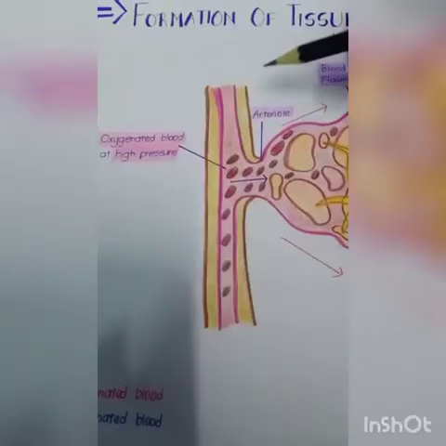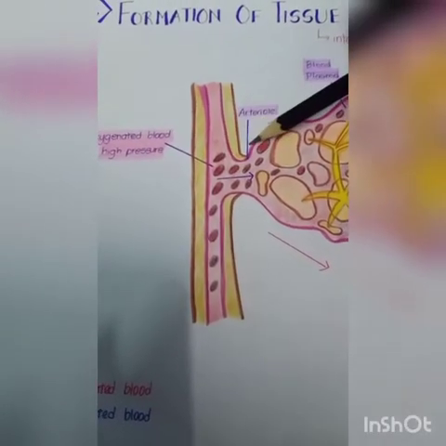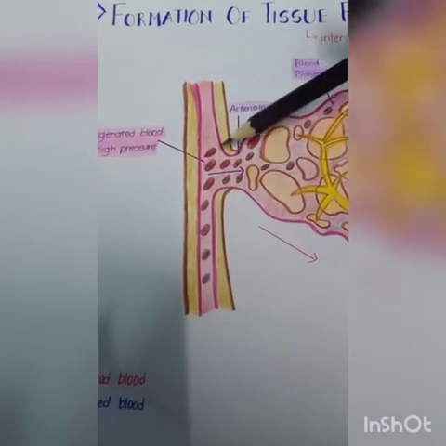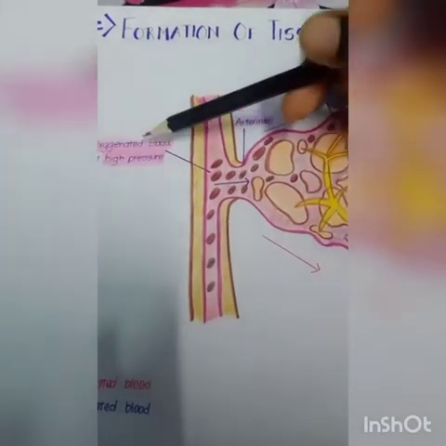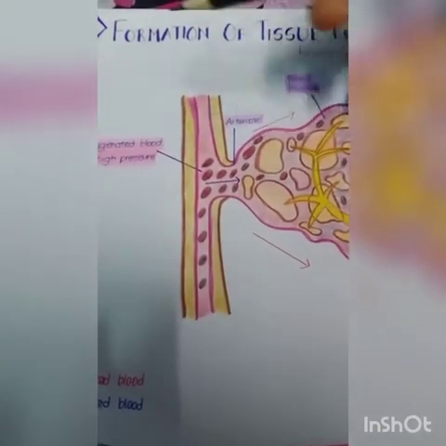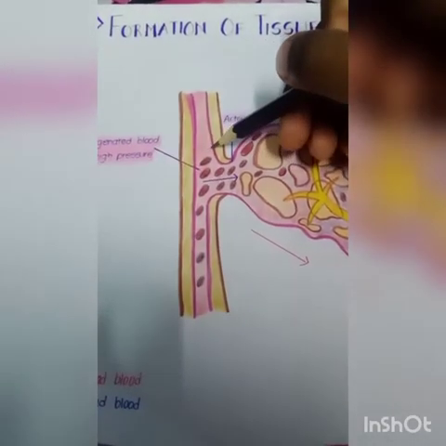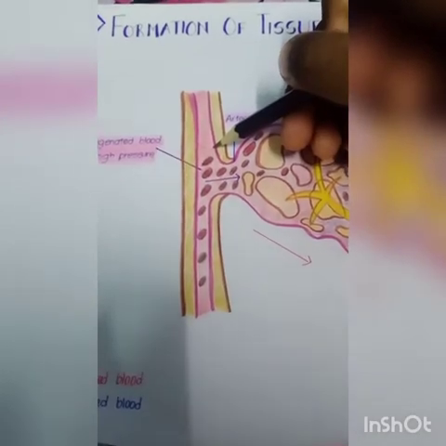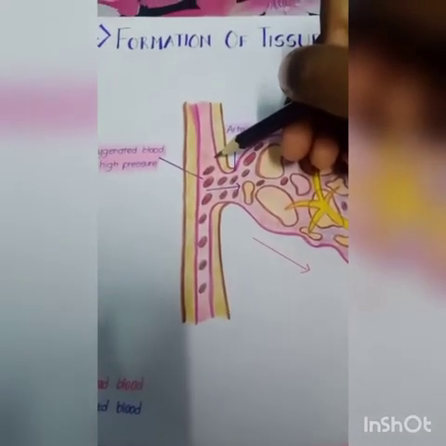First, as we all know, our artery, which is the end of the blood capillary, carries oxygenated blood at high pressure due to two factors: the small diameter of the artery and the pumping force of the heart.